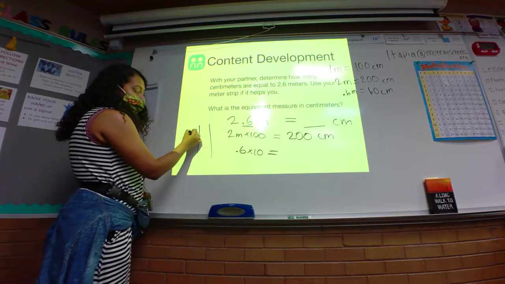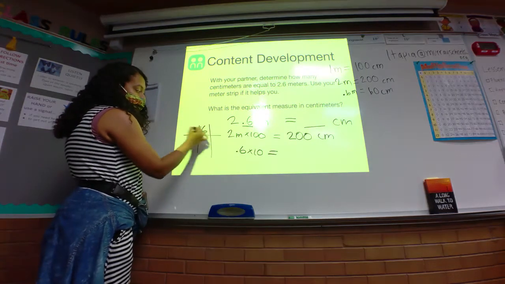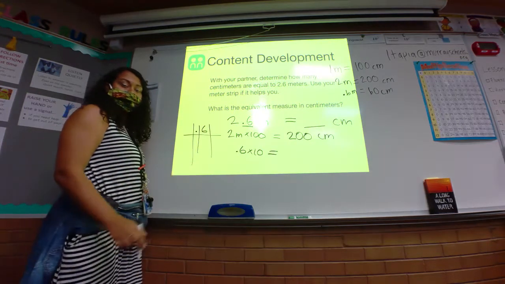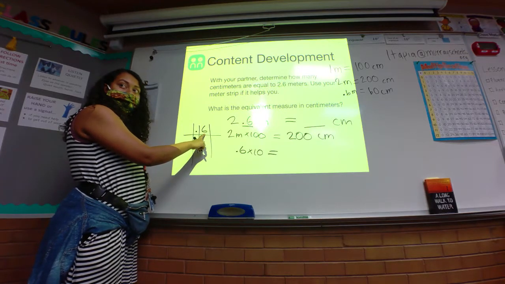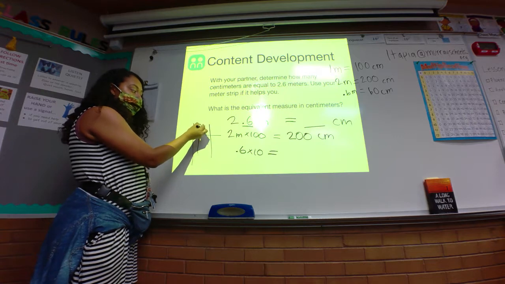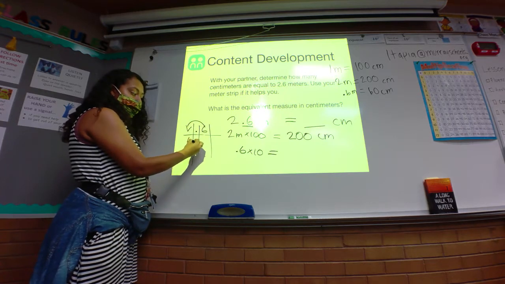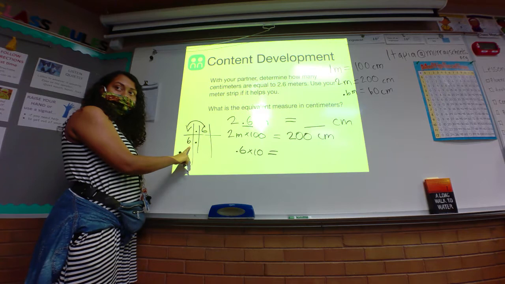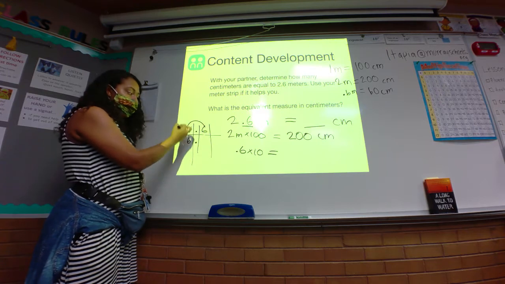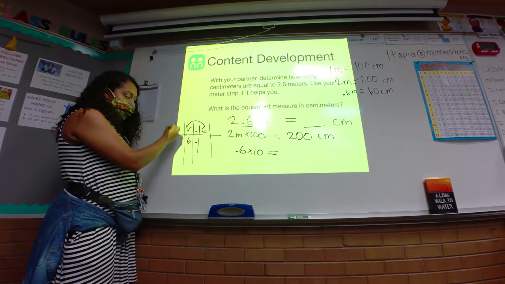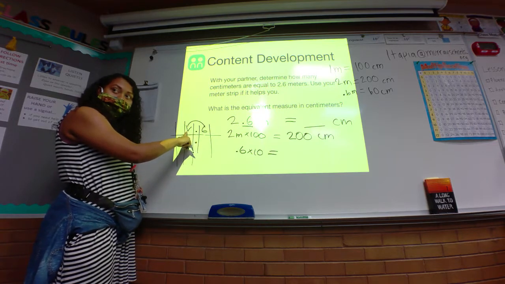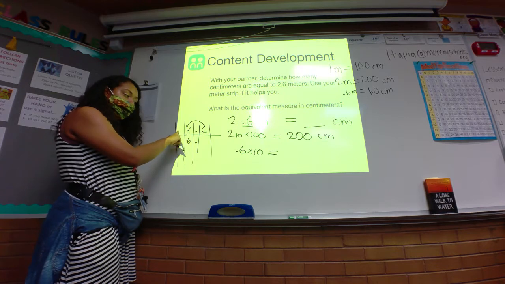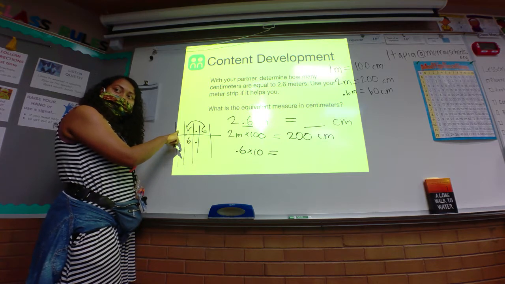So let's see. 6 tenths, like this, right? You times it by 10, so that's how many shifts? 1 shift, so you would go right here. That would give you a 6 in the what place? That's not the tens place. This is the decimal. Left of that is the ones. This is the tens.